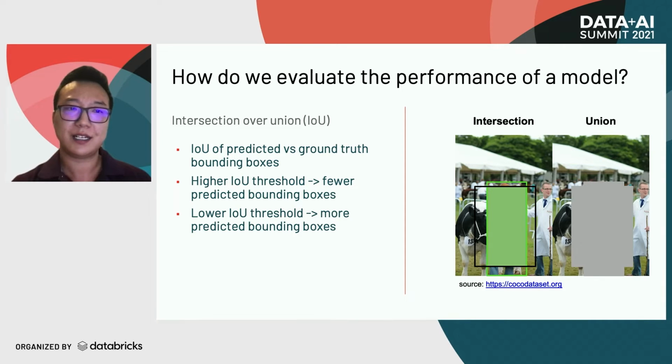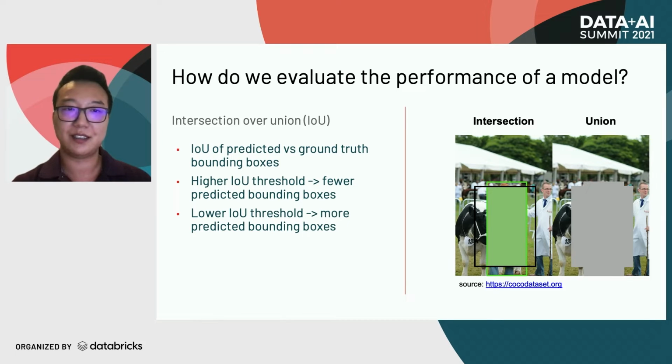So first is intersection over union. And here you can see in the first image, we're showing the intersection between the ground truth green bounding box and the predicted black box. And then on the right is the union of those two boxes. So as you can imagine, the higher the ratio of intersection over union, the better our bounding box.